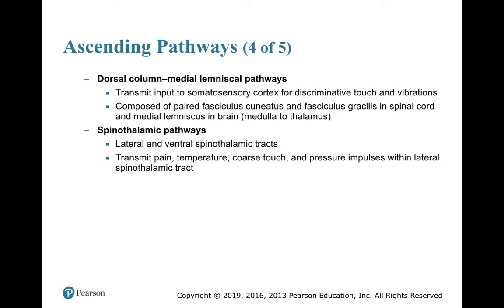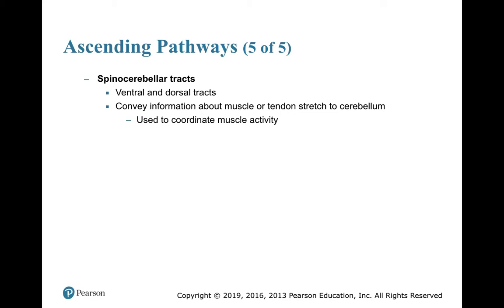They transmit pain, temperature, coarse touch, and pressure impulses, and they are within the lateral spinothalamic tract. The spinocerebellar tracts are ventral and dorsal tracts that convey information about muscle or tendon stretch, and they are talking to the cerebellum. That's the part of the brain that needs that information because it's going to coordinate muscle activity.